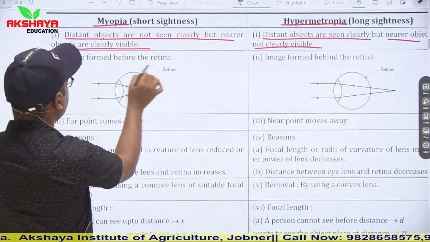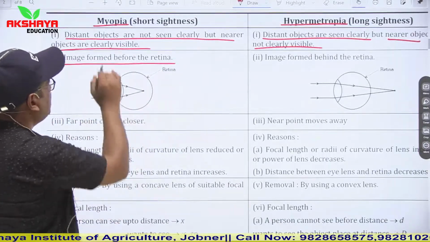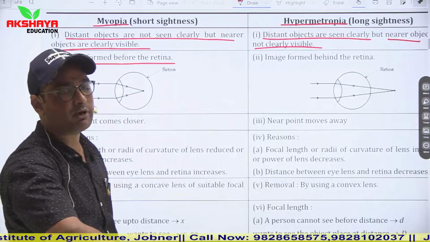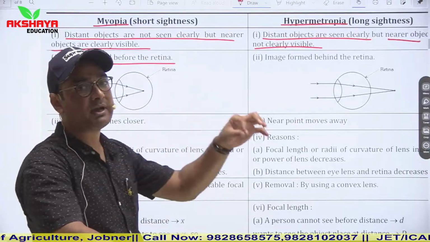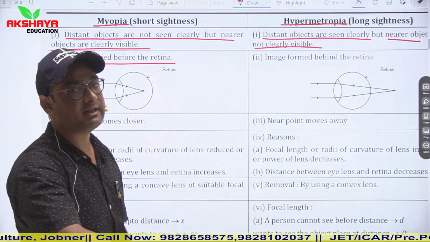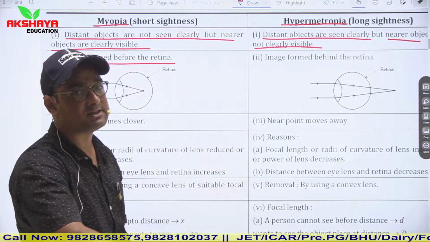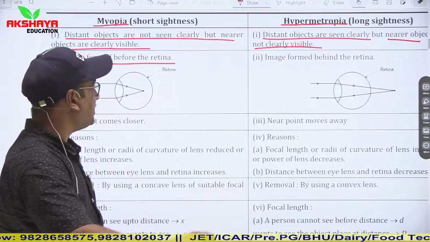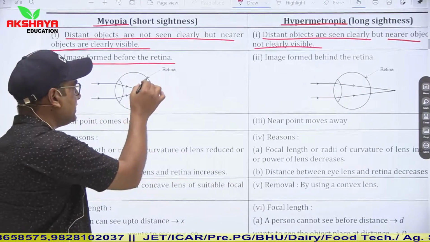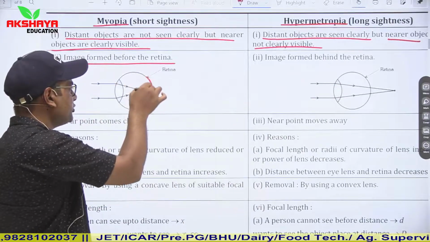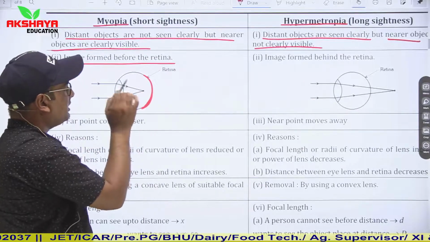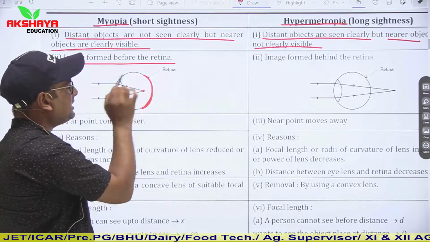Similarly, image formation. In myopia, the image is not formed at the retina. If the image is formed at the retina, then we can say that the human eye is healthy, means it is 6/6. But if light rays converge just before the retina, the human eye cannot form its image at the retina.